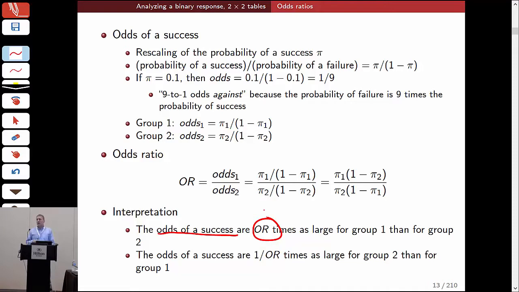Now, sometimes, depending upon the actual data application, you would like to look at the odds for group 2 divided by the odds for group 1. As you might expect, the odds of success are 1 divided by OR times as large for group 2 than for group 1. So just invert the odds ratio.